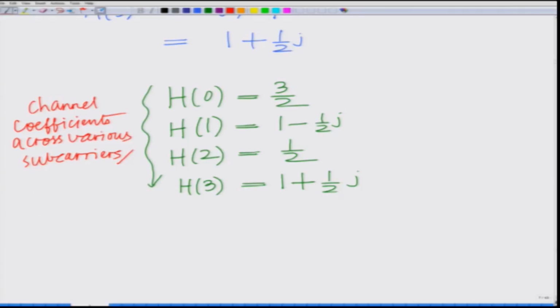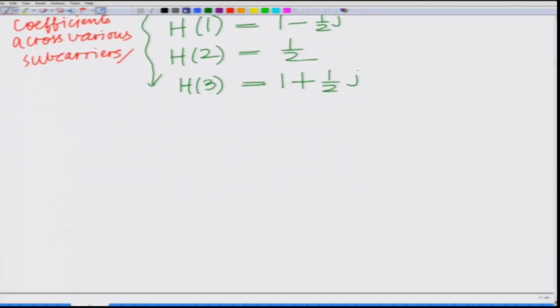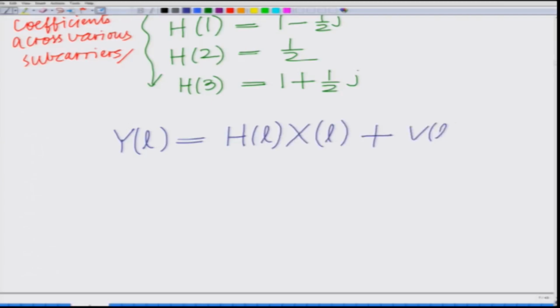Now, what we have in the frequency domain across the Lth subcarrier is Y[L] equals H[L] times X[L] plus V[L], and we have to compute the estimate of X[L] across the Lth subcarrier.